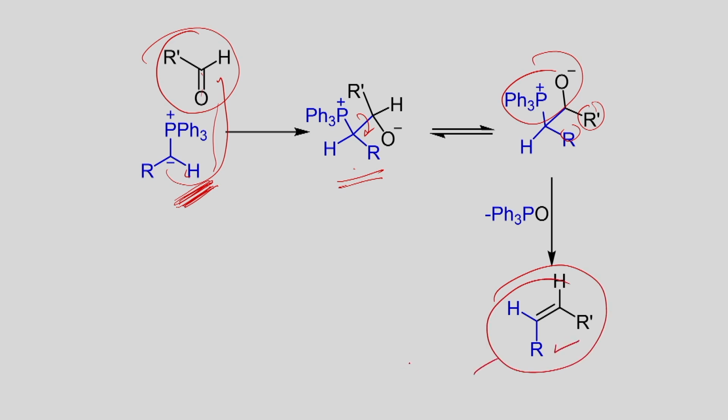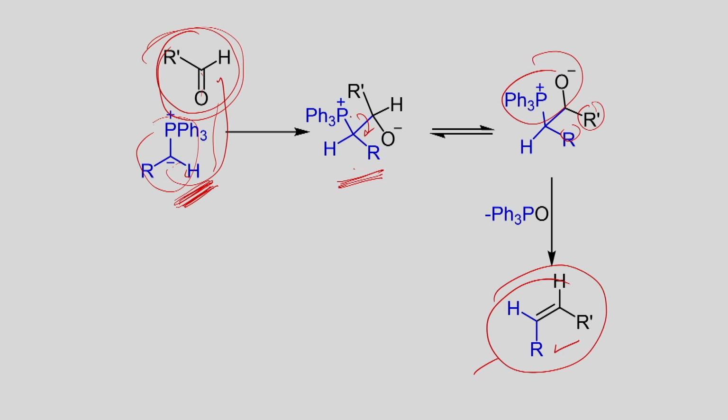So if you want to make cis alkene, what you can do is, if you have the aldehyde, you can react triphenylphosphine with an alkyl halide to make the phosphonium salt. Once you form this phosphonium salt, you can react it with a base to make the ylide. That ylide can be reacted in situ with aldehyde in polar solvent, and you will be able to form this compound with anti conformation.